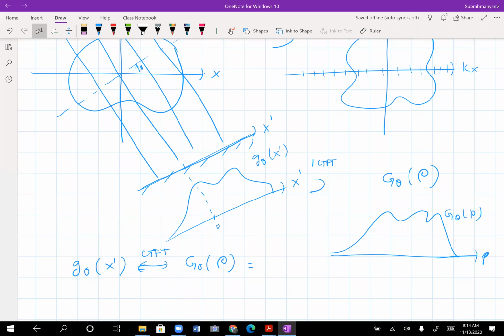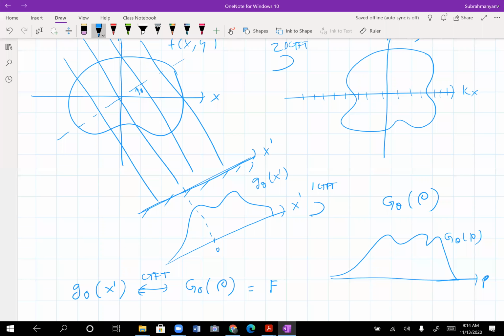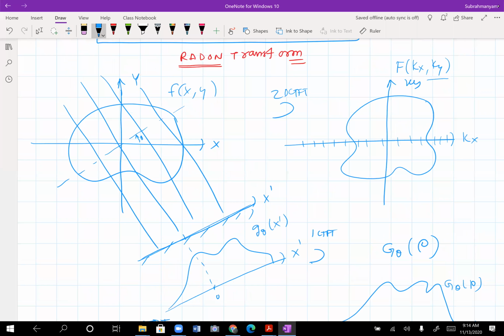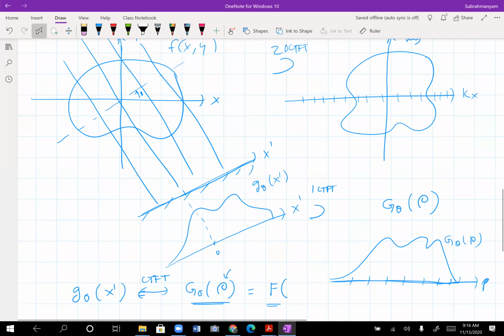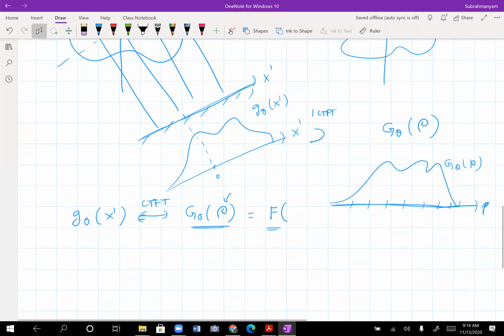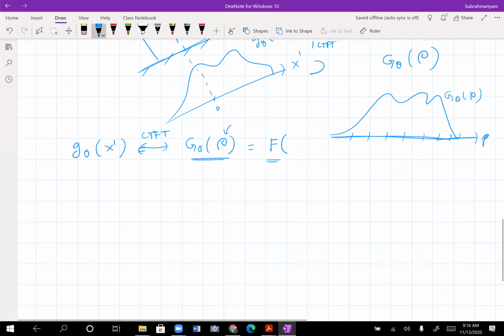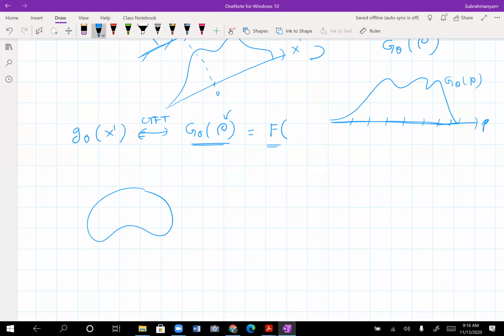So this would give you along this axis. So that means that is equal to F of, how do you write it? You tell me this expression now. Just imagine a parallel projection here across the y-axis. So rho and kx, how do they correspond? Are they not the same? If I am taking a parallel projection here, let me quickly draw it.